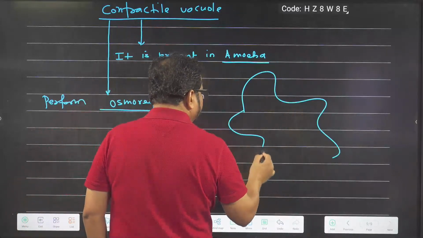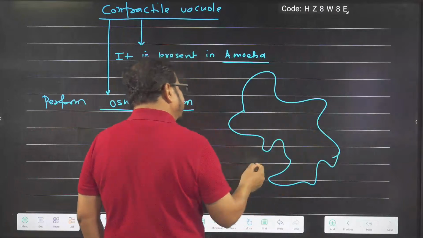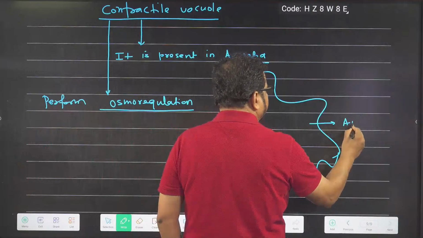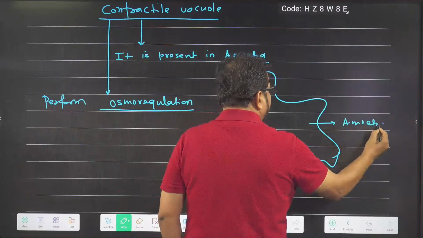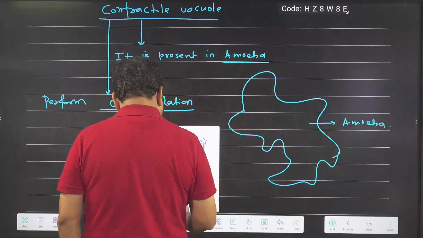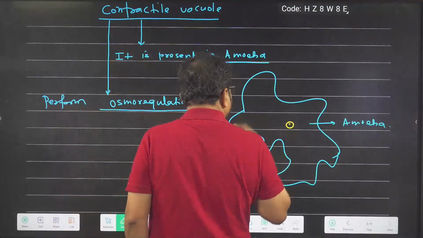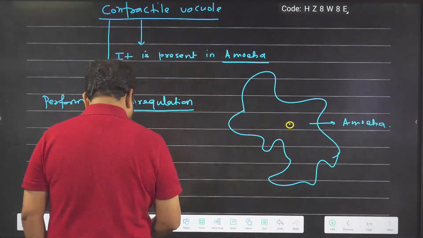Suppose it is a freshwater animalcule, an amoeba. Assume. Now, in this freshwater amoeba, there is a nucleus, and this amoeba is present in freshwater.